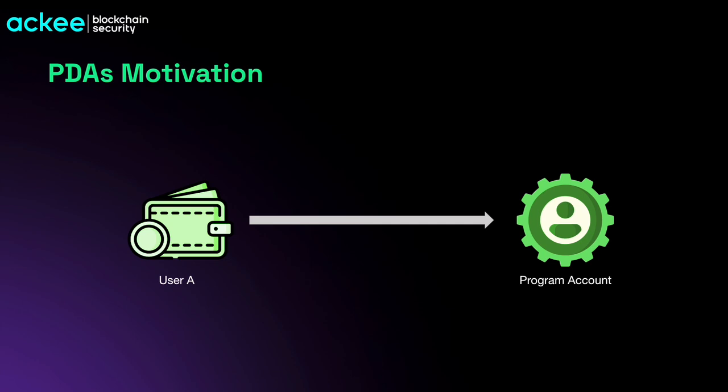How do we do that? We obviously need to have some form of way where the program can have its own addresses where it can store different amounts of Solana tokens and can do transactions on behalf of that wallet that is owned by the program.